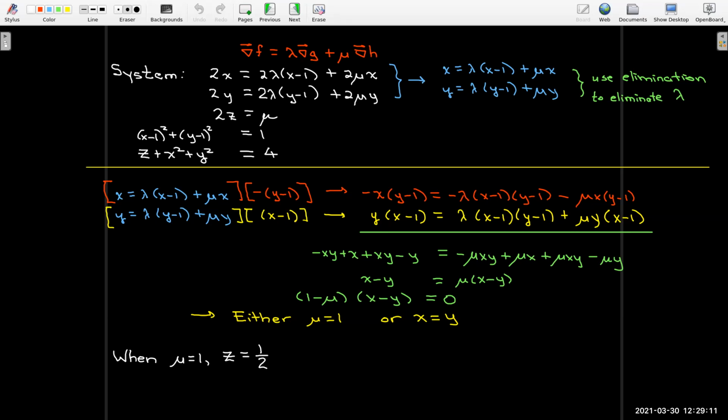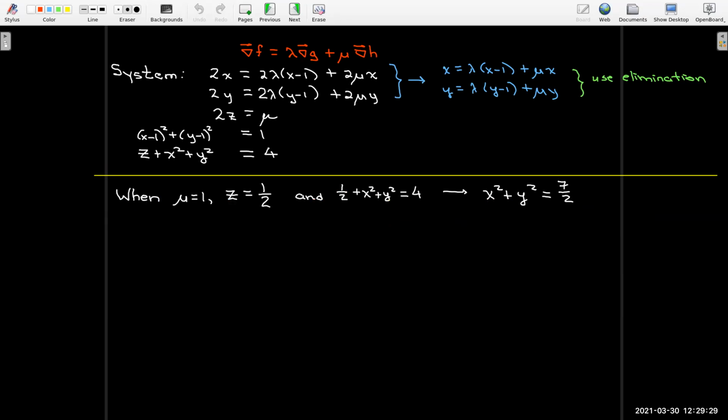So let's see if we can find them doing some algebra. So I'll put that into the equation for the paraboloid. That doesn't give me a direct solution for x and y, but it does give me a relationship for x squared plus y squared. That's going to equal 7/2.